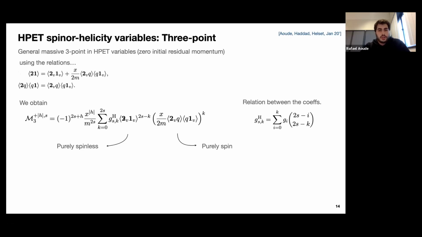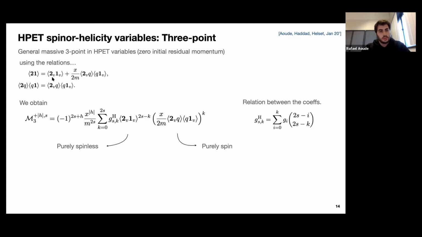And the interesting fact here, as we can see from this relation already, is that as you increase in K, you're including more spin effects, but there is a clear separation here between purely spinless and purely spin effects, as shown from the direct spinors sense.